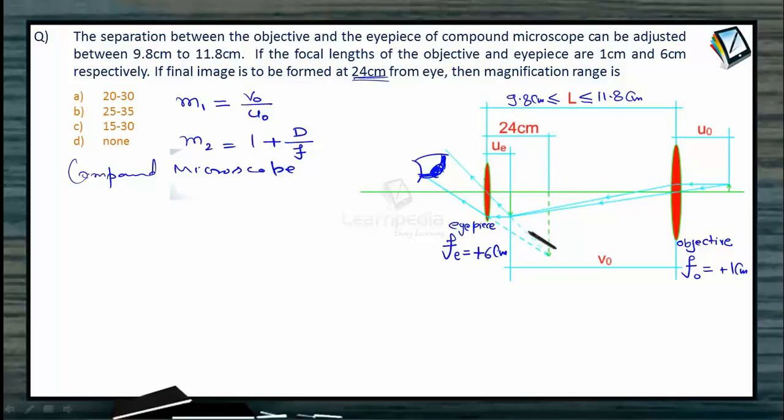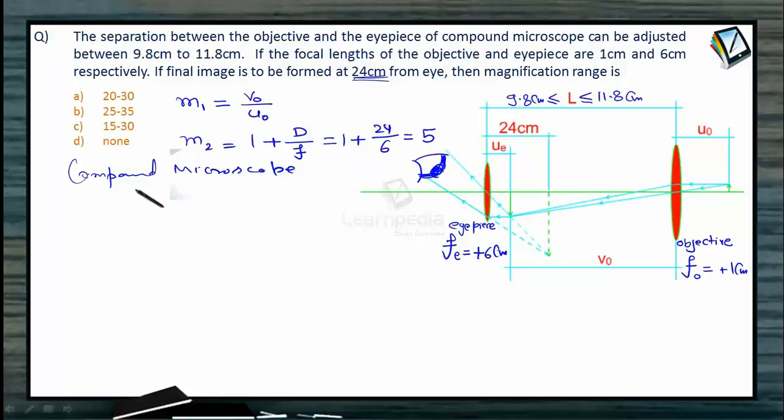That is the condition for maximum magnification. Here D is 24 and F of the eyepiece is 6. So the magnification power of the eyepiece would be 1 plus 24 divided by 6, which is 5.